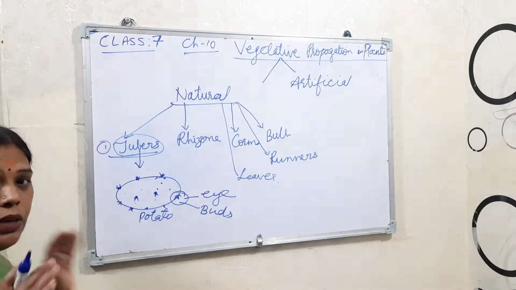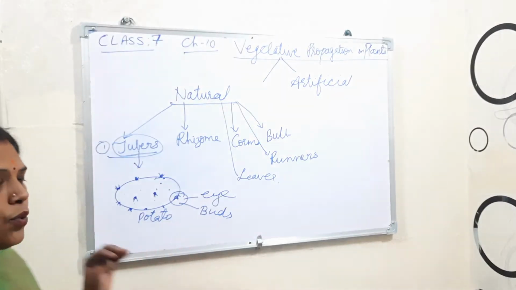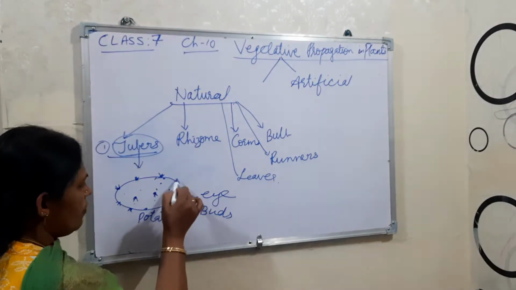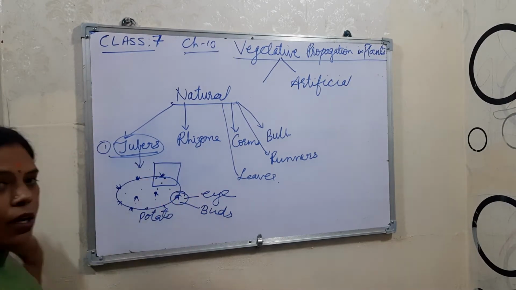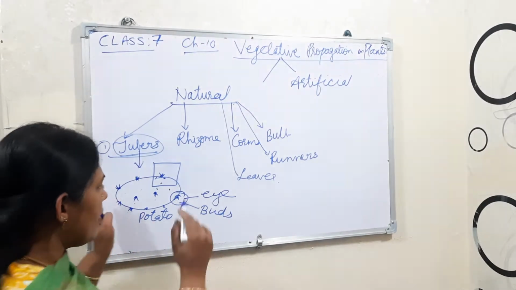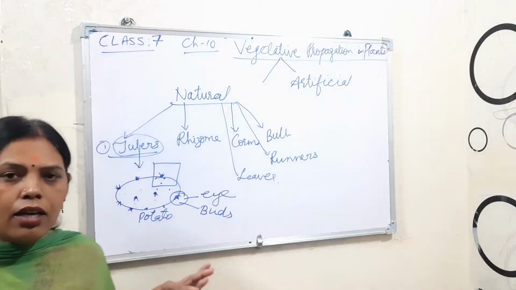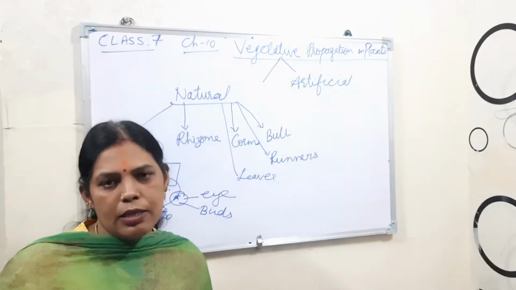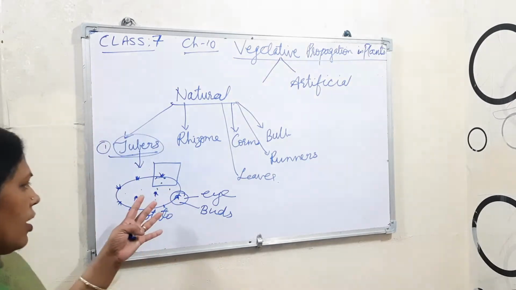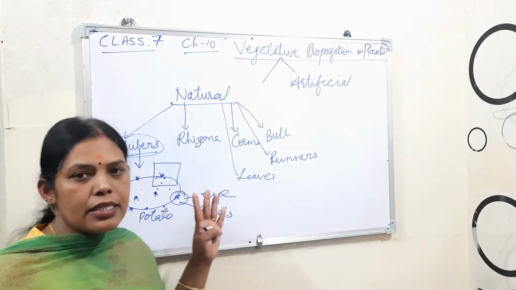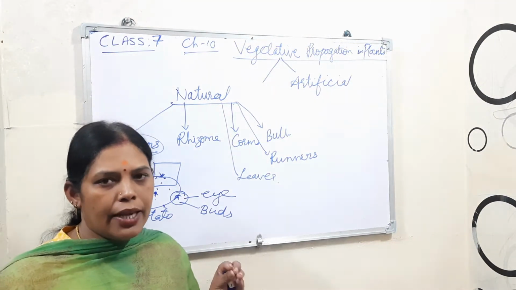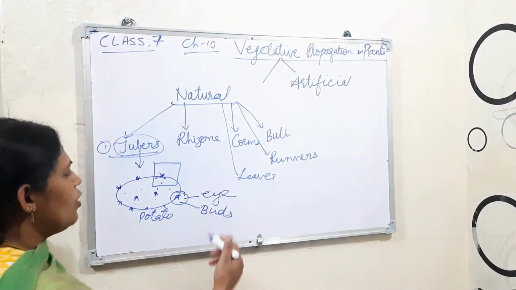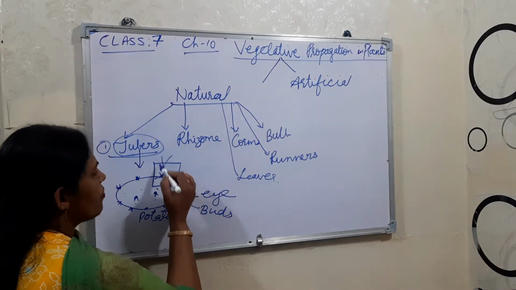If we want to propagate, what do we have to do? Simply cut only this portion from the potato and insert it in moist soil. That means there should be water. Leave it for some days, and afterwards you can see the new plant arises from there.